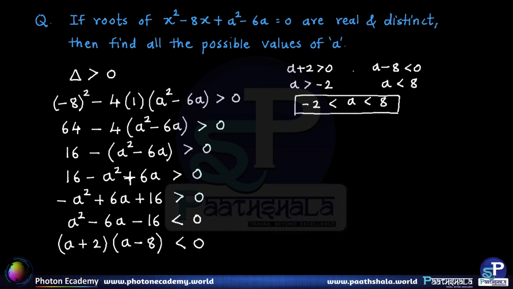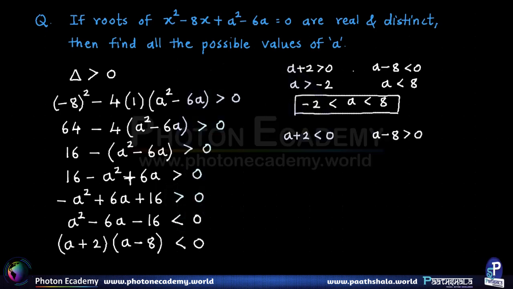Now if you think of the other case, it might be possible that a plus 2 is less than 0 and a minus 8 is greater than 0. So that gives us a is less than minus 2 and a is greater than 8.